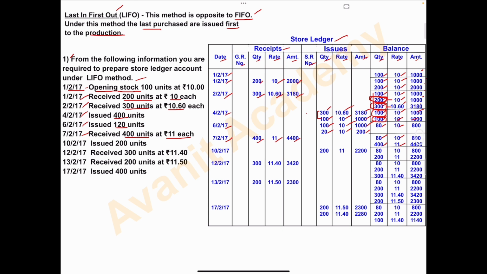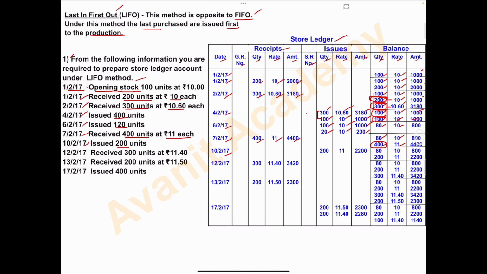And close this. On 10th February, issued 200 units. 10th February, receipts column nil. So total how many units we have to issue? 200. So latest purchase is 400.